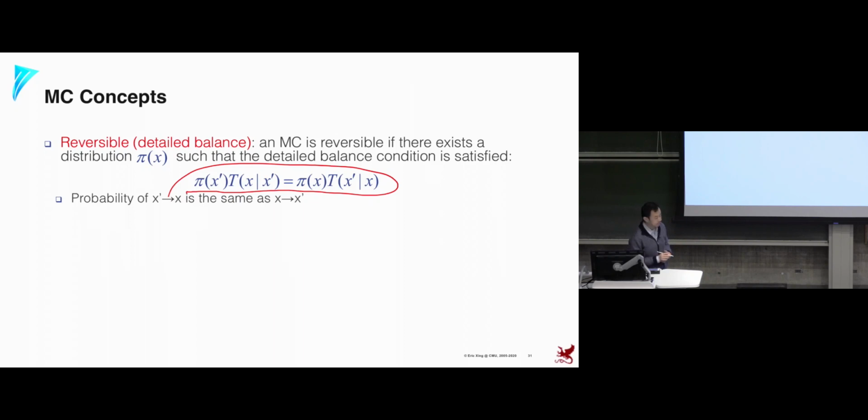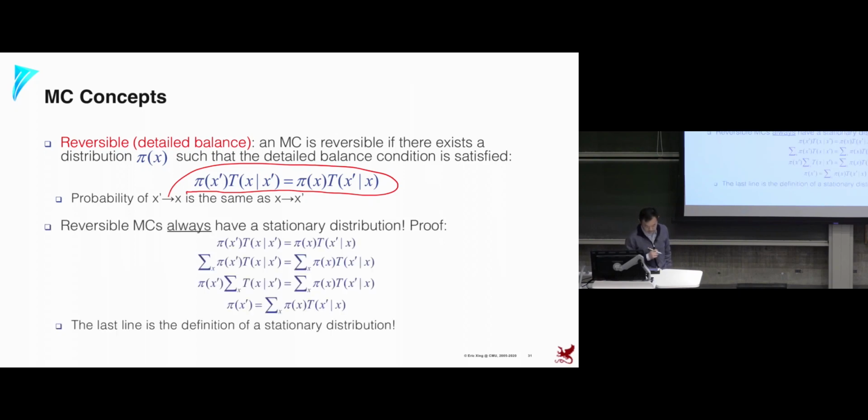The probability of x prime to x is the same as the probability of x to x prime, based on the transition kernel. And you can show very easily to yourself that once detailed balance exists for a Markov chain, it will always have a stationary distribution. I'm not going to walk through the proof. It's pretty explicit.